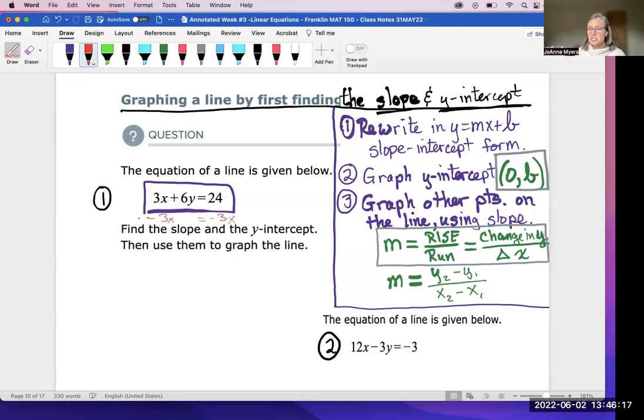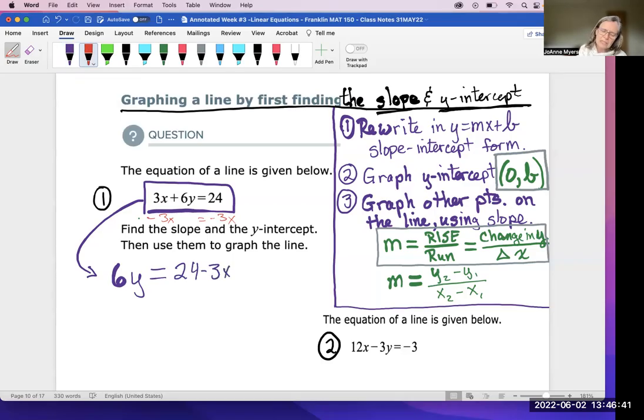I can use the addition property of equality, subtraction property of equality, multiplication property of equality, and division property of equality. We're just not allowed to divide by 0. So this would then become 0 plus 6y, just 6y, and then I have 24 minus 3x.